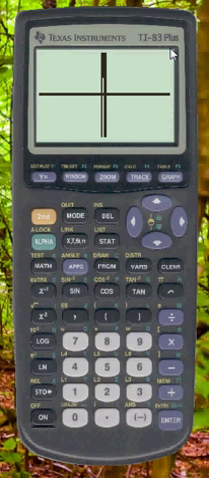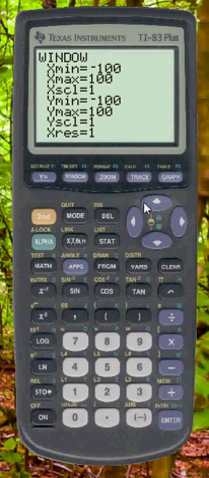I think the Y is what we really have to be concerned about. So I'm going to go back here to the window and I'm going to put for my Y minimum negative 100 and positive 100, and for my X I'm going to leave that at negative 10.